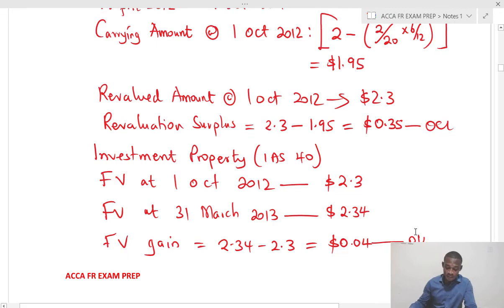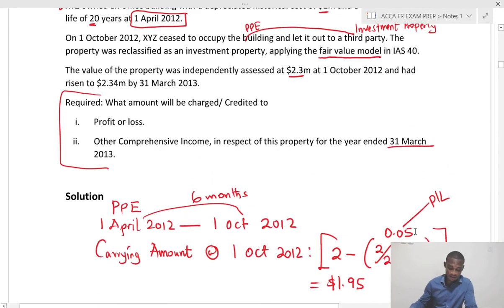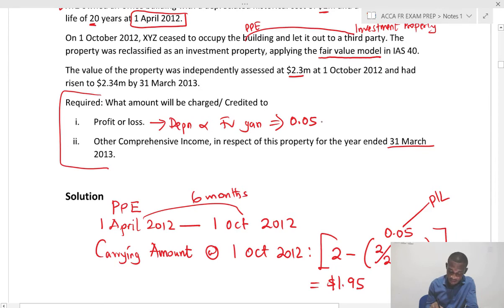So let's now look at the requirement. In P&L, two items will go to P&L. We'll have the depreciation and the fair value gain. The depreciation is a charge, but the fair value gain would be credited.